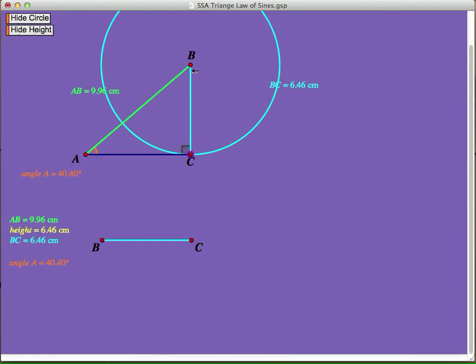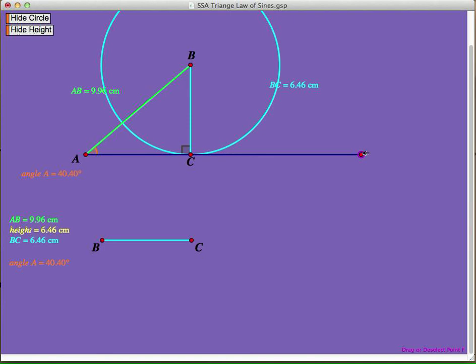So this is going to be another time when I have one triangle being formed, when BC is equal to my height and in turn shorter than AB. So my one case scenario occurs when BC is either equal to my height and shorter than AB, or when it is greater than my height and greater than AB.